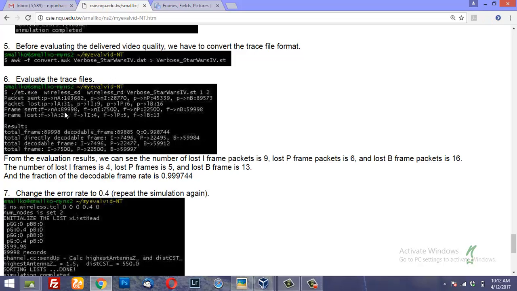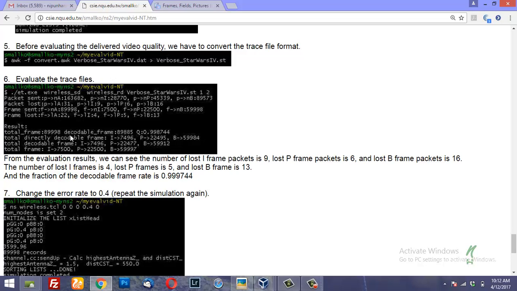And I've discussed the eval_vid framework in my previous videos because it's a very powerful framework that gives you numerous tools to calculate various parameters like peak signal to noise ratio, and fraction of decodable frames is another one.